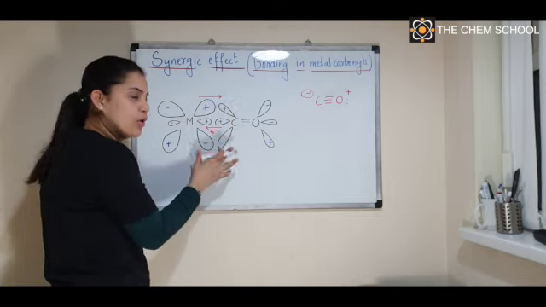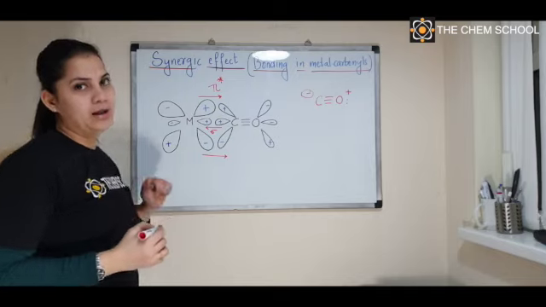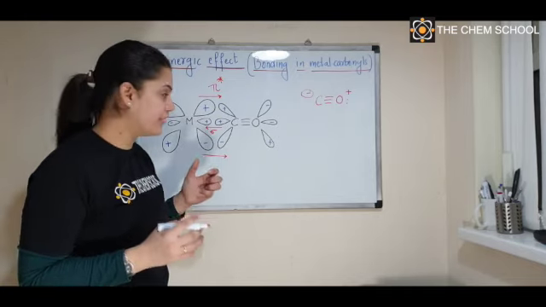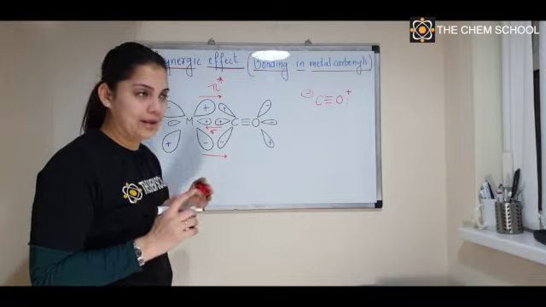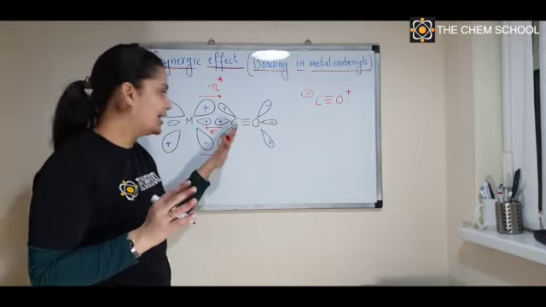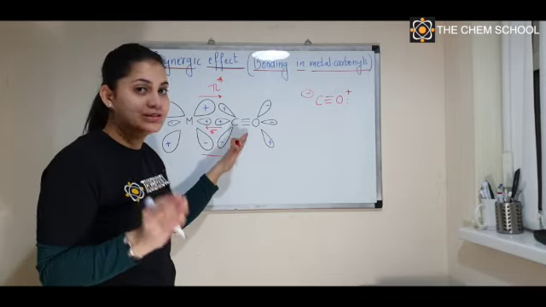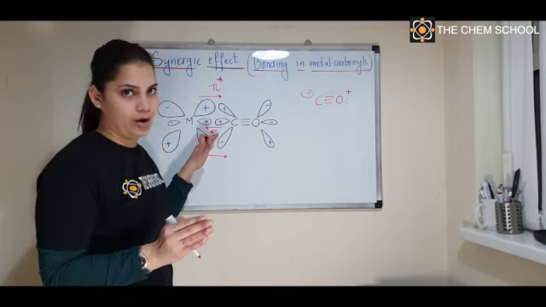Now you know that this is a sigma bond, and this electron cloud and this electron cloud will result in the formation of your anti-bonding orbitals. Fine. So again I repeat, in the synergic effect, we are talking about metal and carbonyls. In a carbonyl compound, the carbon has a lone pair which is getting donated to the metal, resulting in the formation of a sigma bond.